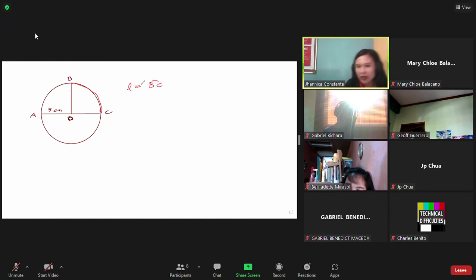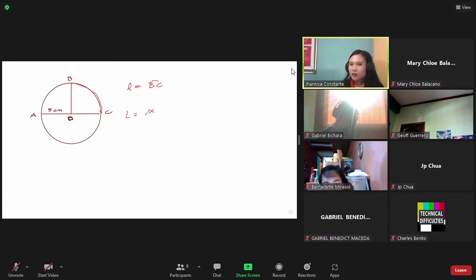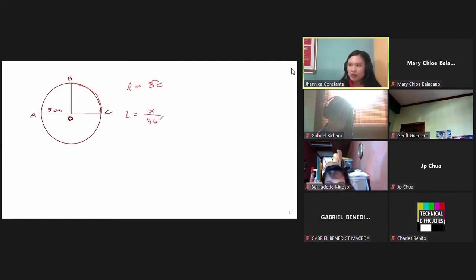So we need to find the measurement of our arc using the formula that we have. The length of the arc is equal to the central angle of the arc divided by 360 times the circumference of the circle.